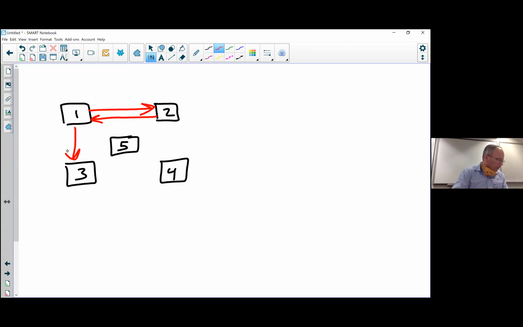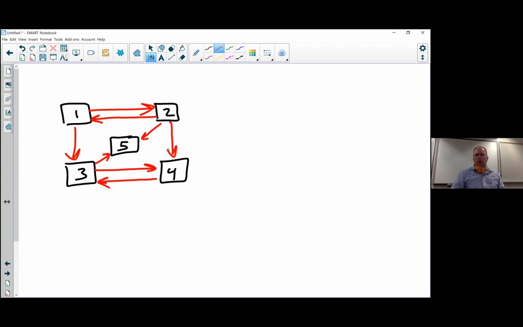Office 2 can go to office 5. Office 3 can go to office 5. Office 3 can also go to office 4. Office 4 can also go to office 5. And office 2 can go to office 4.